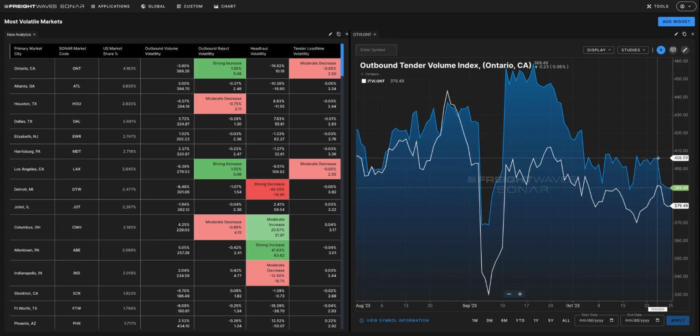So you can see both the outbound volume, which is the blue line, and the inbound volume have decreased in the past week, but it looks like the amount of freight that's been coming out has decreased a little bit more rapidly than the amount of trucks coming in. You can think about outbound tender volume as loads available on a dock ready to be picked up, and the inbound tender volume is drivers delivering into the Ontario, California market needing to be reloaded. So you can see there's just been a little bit of a difference between the way that those two have trended.